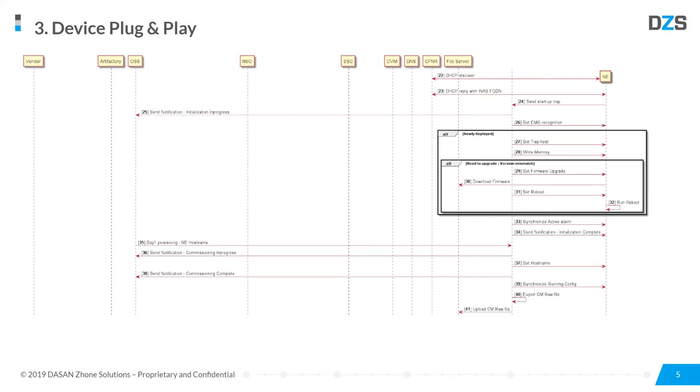The trap is constantly sent to the INAS until INAS sends a set command to stop sending the trap. So we send a command to the flow switch: yes, INAS recognizes you.